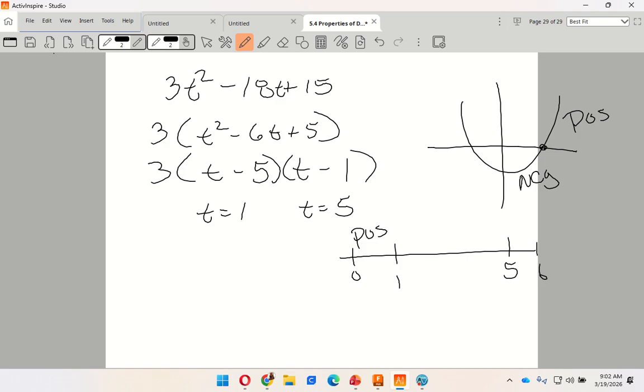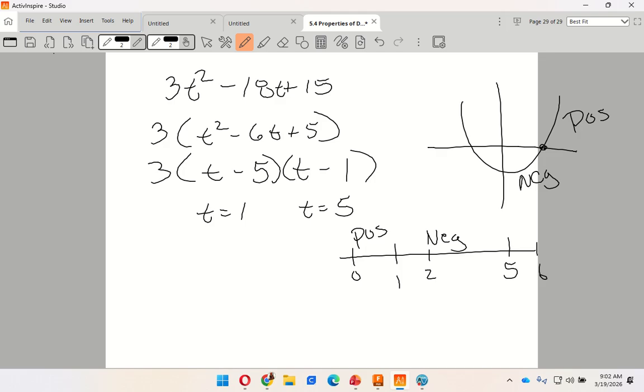But at 1, let's see what's going to happen. Plug in 2. That's going to give me a -3 and a +1. Negative, so all this here is negative. So from 1 to 5, which direction was I going? I was going to the left.